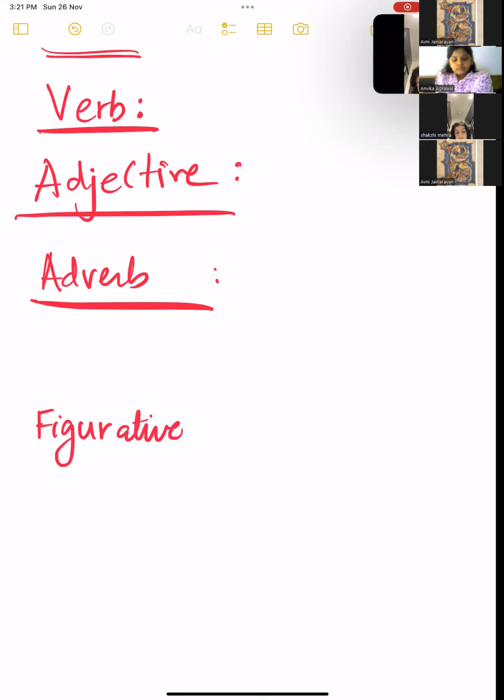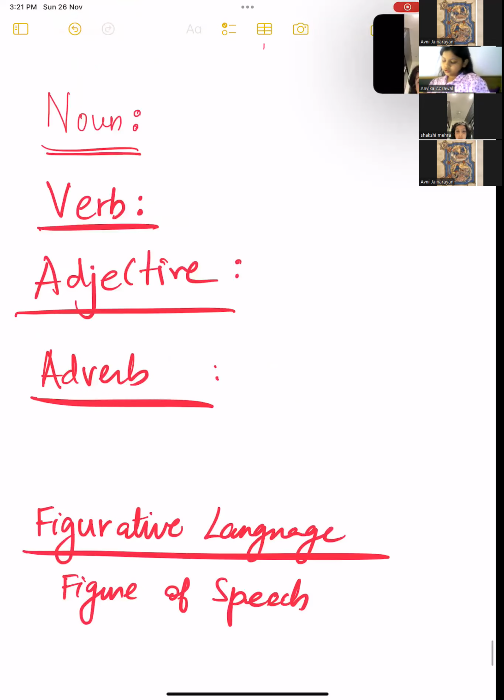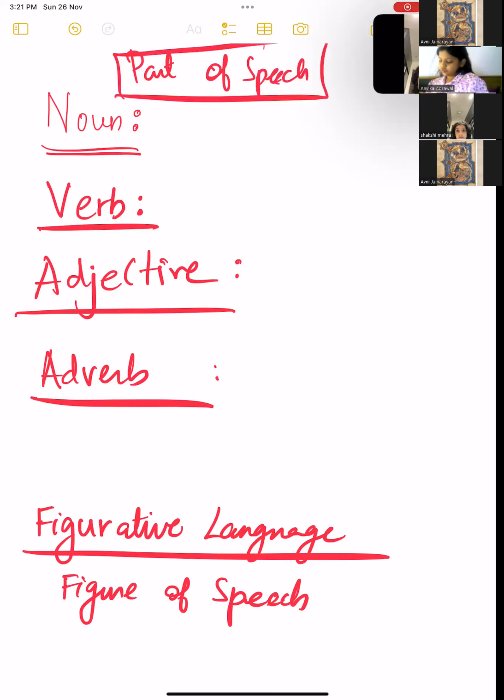We have learned a lot of figurative language, right, children? Which is also known as figure of speech. Now, this one was part of speech, and the other thing that we are focusing on is the figure of speech. A combination of both helps you to form a better sentence.